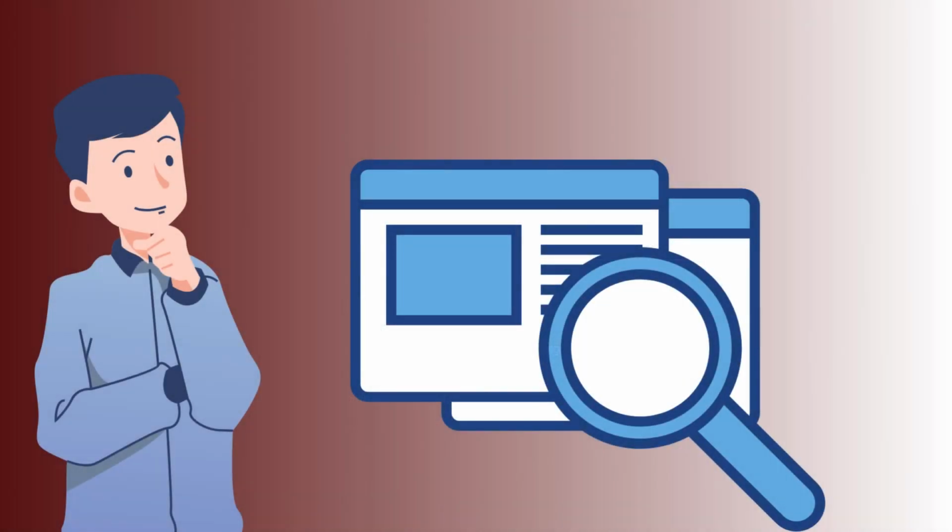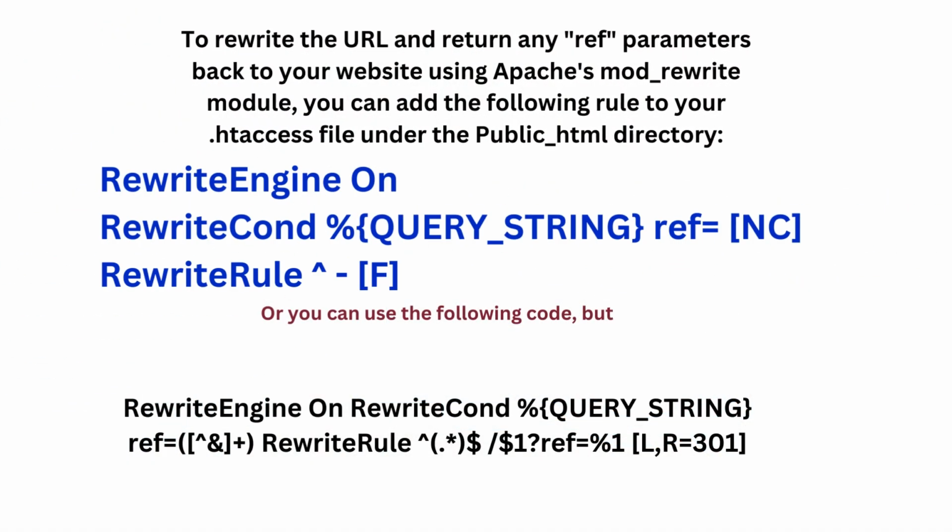Understanding how these parameters function can provide insights into website behavior and user tracking mechanisms. So I hope that this information sheds some light on the question about what's going on with these kinds of parameters you see in the statistics and analytics of your website.